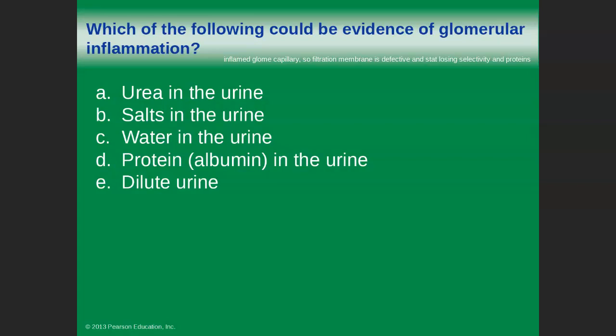That's because when you have inflammation, that makes the membrane very permeable to cells and proteins. Okay, that's why you see them in the urine. So right, D is right.